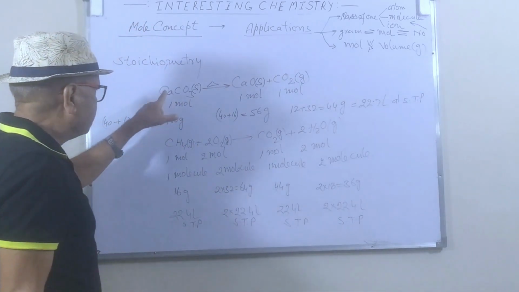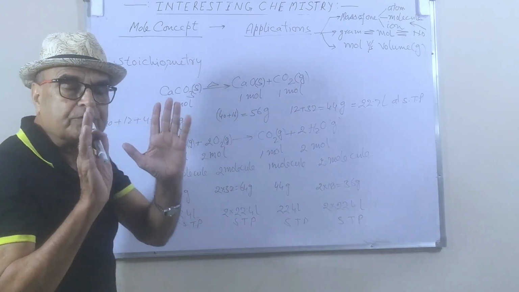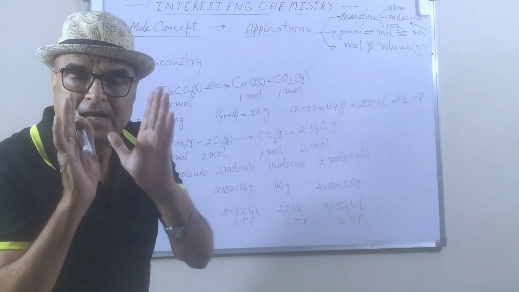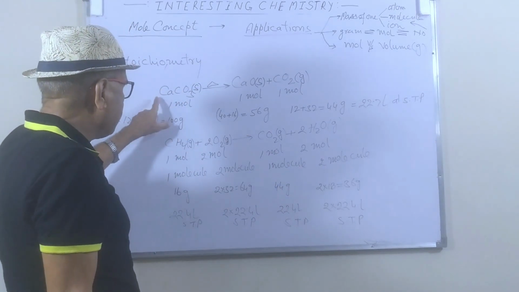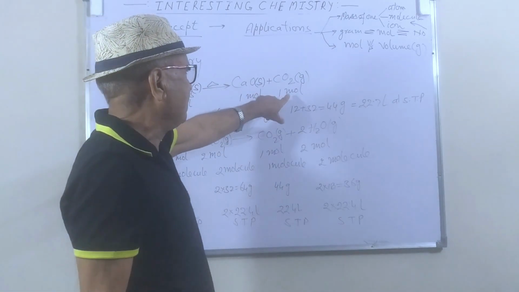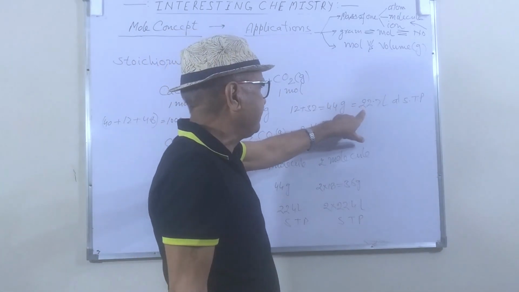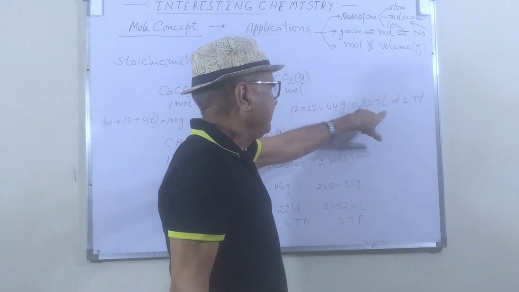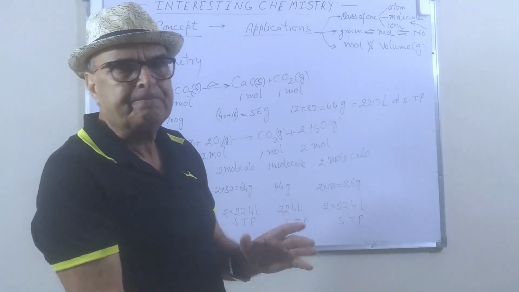Again, calcium carbonate is 1 mole and carbon dioxide is 1 mole. So this balanced chemical equation tells us that when 1 mole of calcium carbonate is heated, it gives 1 mole of carbon dioxide, which is equal to 22.7 liters at STP, standard temperature and pressure.